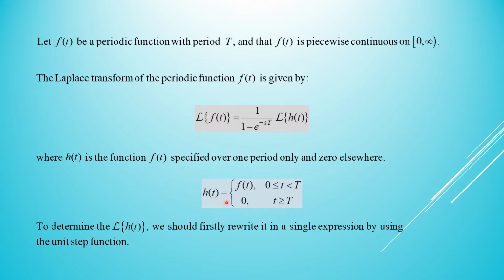So to determine the Laplace transform of h, okay, we need to firstly rewrite the function h in a single expression by using the unit step function. Okay, so take note, this is the formula for the Laplace transform of the periodic function, and this formula of Laplace transform for the periodic function is not given in the table of Laplace transform.